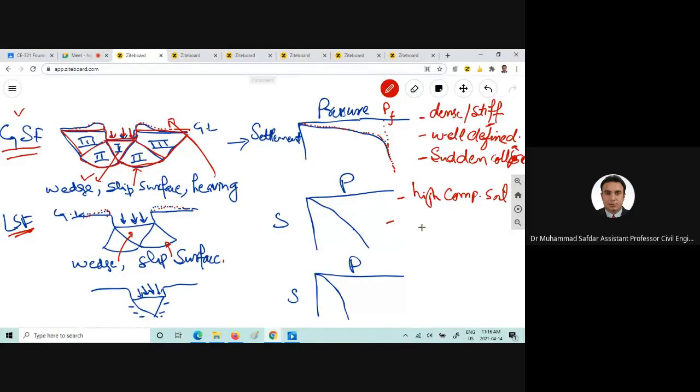The failure load is not well defined. In this case, large settlement will occur.